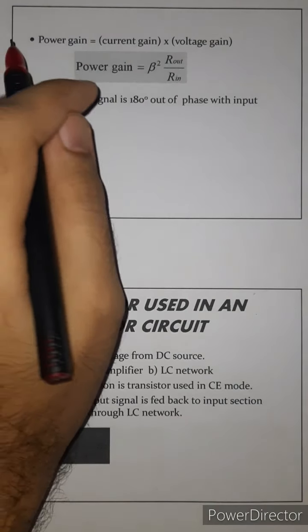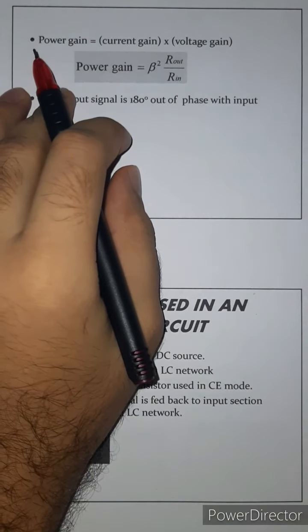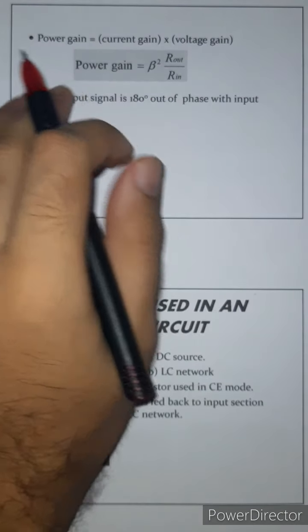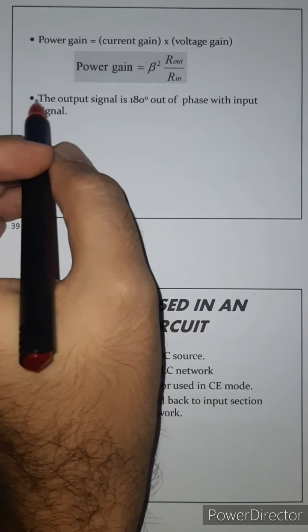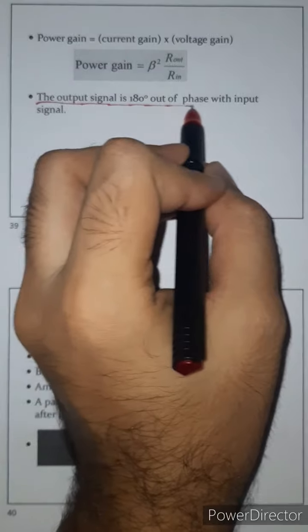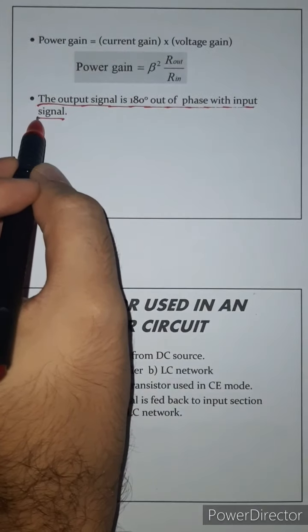You can also find power gain, which is equal to beta square Rout by Rin. And a noteworthy point in case of common emitter configuration is that the output signal is 180 degrees out of phase with the input signal.